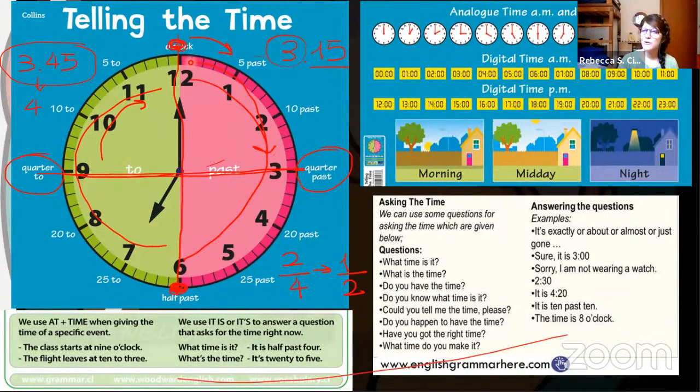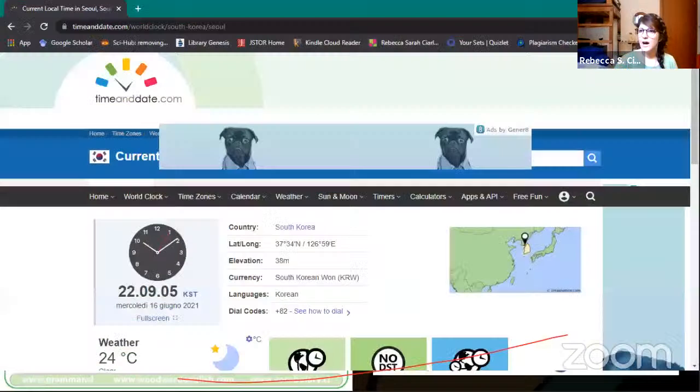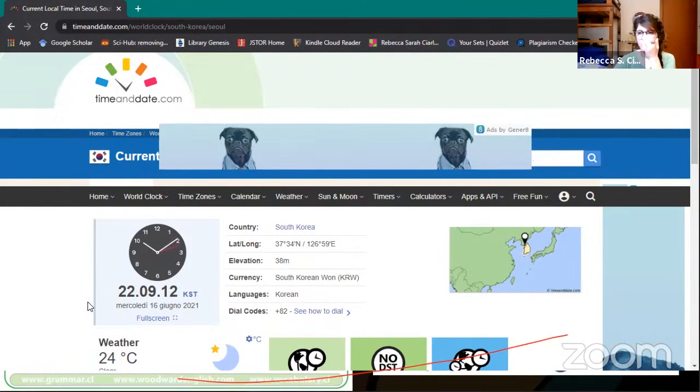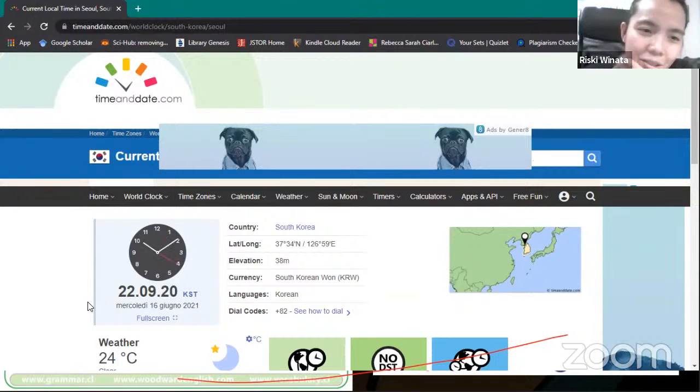How do you say it in Indonesian, actually? Maybe that will help you. If you have to say this time, for example, 22, 9, how do you say it? Okay, you just read it like that. 9 minutes past 20.